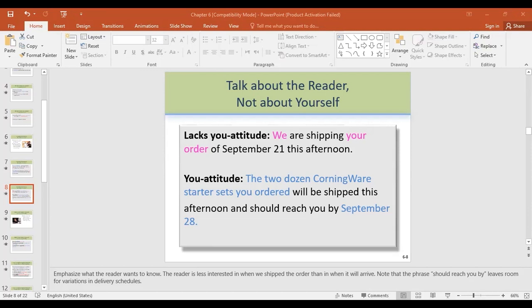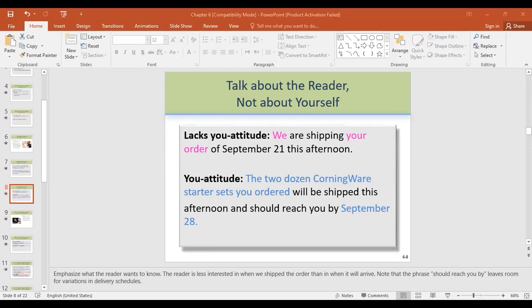But if the person doesn't have any idea about when it will arrive, the only option for him is to give the reader the name of the carrier. So if I am a reader, I'm gonna contact the carrier and ask him, for example, when will it arrive? Okay, so this is what we are talking about, the differences between sentences and which one is correct.